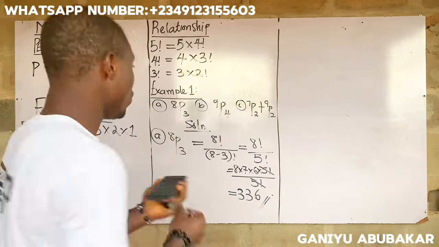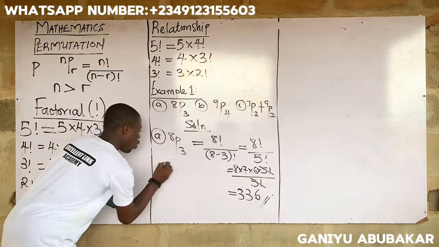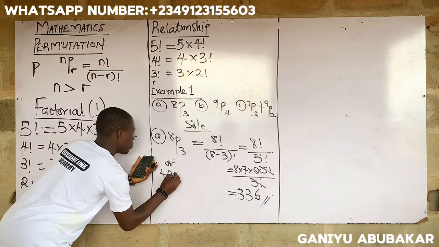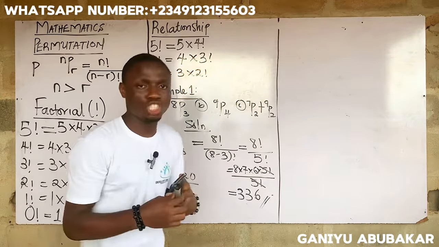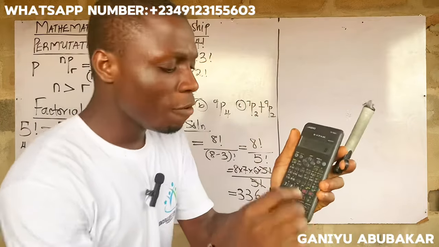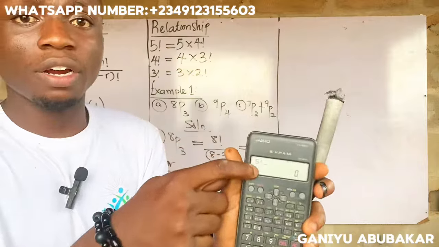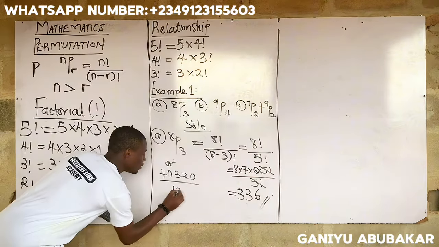I have 40320. So 8 factorial gives 40320, all over 5 factorial. Go back to the calculator: 5, then shift and that symbol, 5 factorial. Click on it, that's 120.